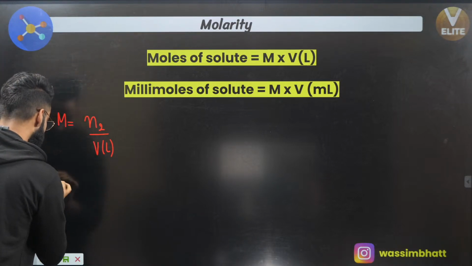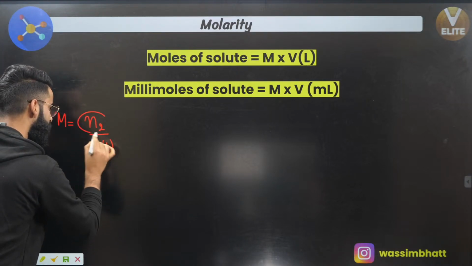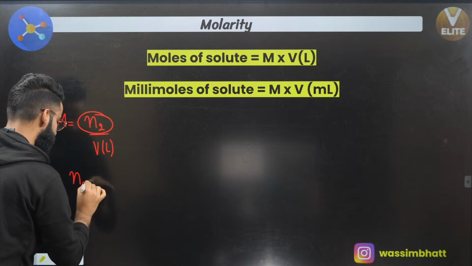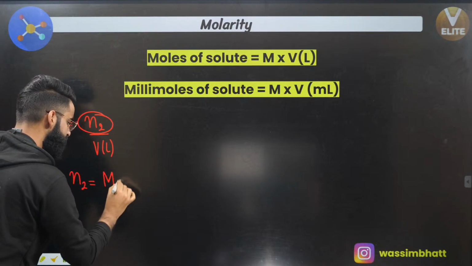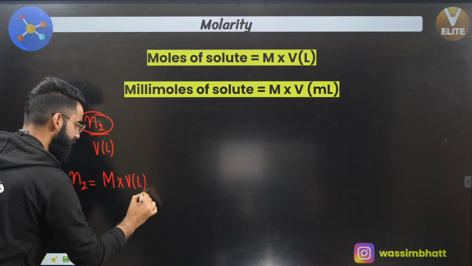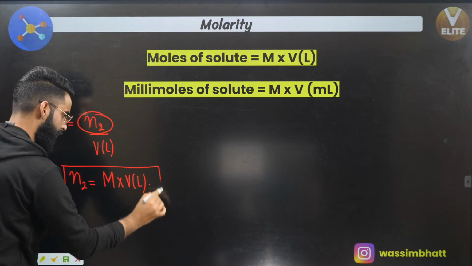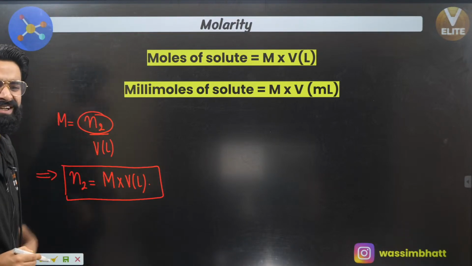From this formula, can I write it like this as well? Number of moles of solute is always equal to the molarity of the solution multiplied by the volume of solution in liters. So you got one more direct result from here.